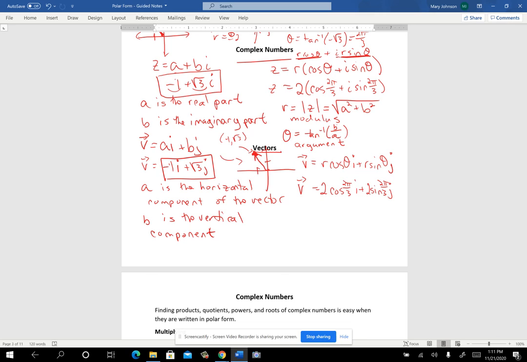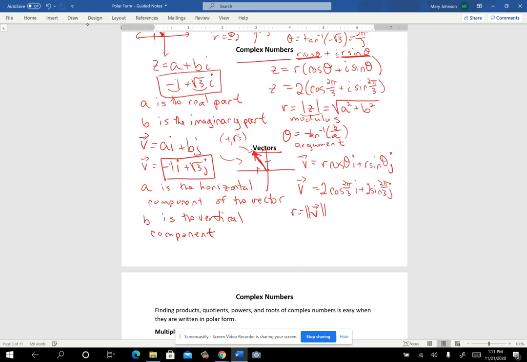Okay. Now, special vocabulary. The r, when we're talking about a vector, is called the magnitude. That's why sometimes I say magnitude, because they're basically the same thing. I say magnitude a lot of times when I'm looking at this, because basically that's what it is. The absolute value of your complex number is really the length of this right here.